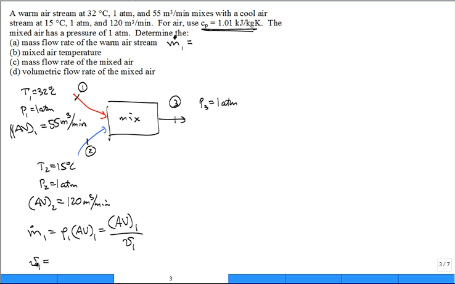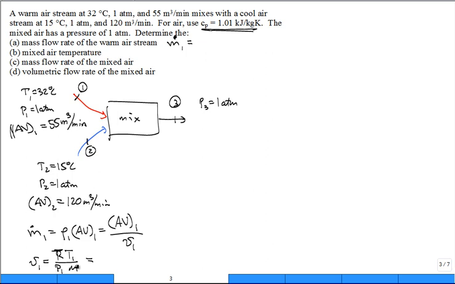It's air, so ideal gas equation all the time. It's equal to RT1 divided by P1, and if you want to use this, R is R bar divided by the molar mass of air. And so you would substitute numbers to get the specific volume at 1.